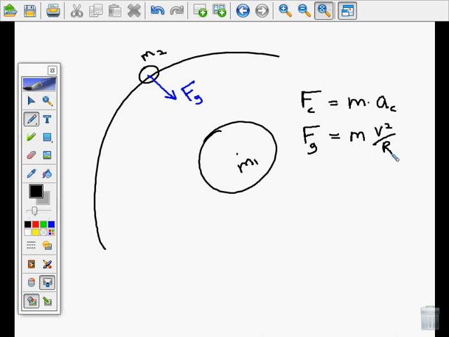Which g? In those formulas, Fg equals m times g, and potential energy due to gravity equals mgh. If you're dealing with the surface of the Earth, g is always positive 10 in both those formulas.